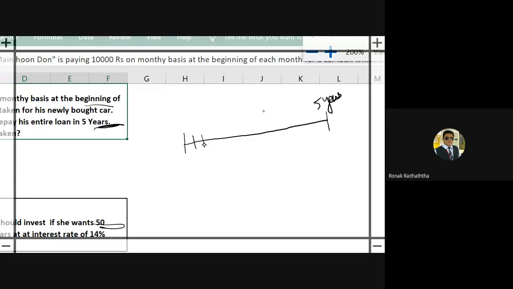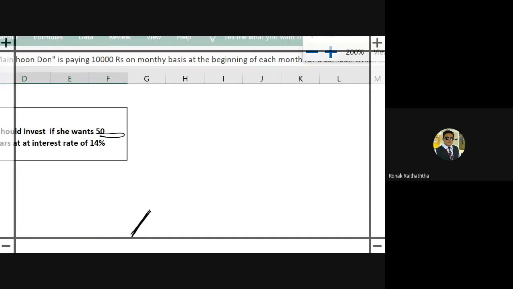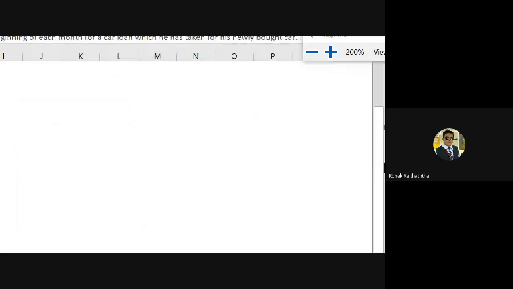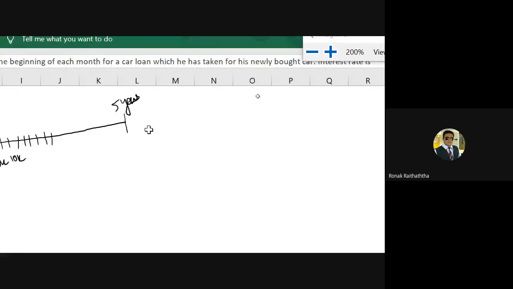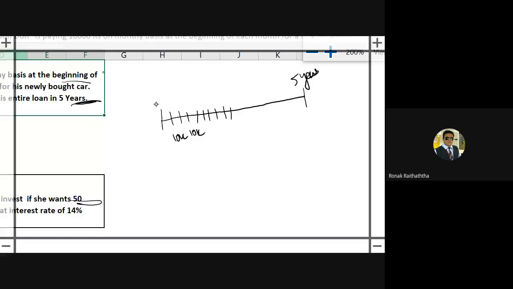On each and every month, that fellow is going to pay the 10,000 rupees. So the loan amount which is taken by him is right now here in the present. So you are supposed to find the present value.